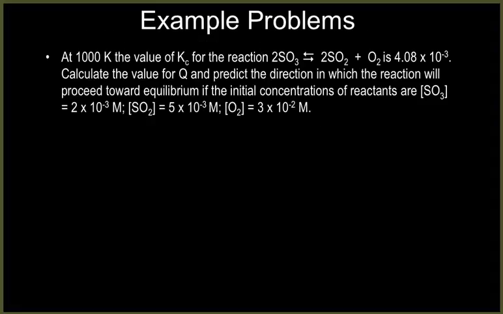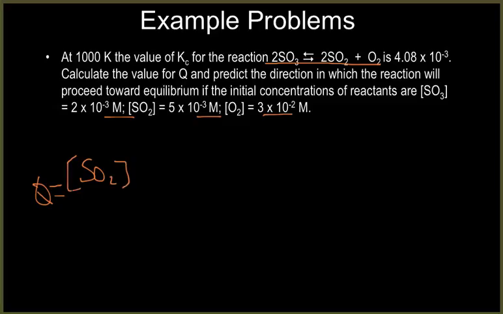Okay, here's another Q example. It's a little bit easier because these are all given in concentration, so we don't have to do any concentration calculations first. So my reaction is given up here. So I'm going to set up my Q. So Q is SO2 to the second, O2 divided by SO3 to the second.